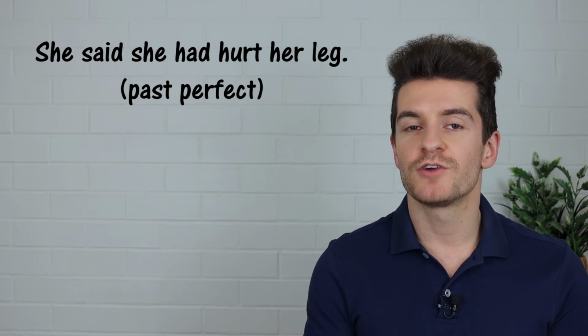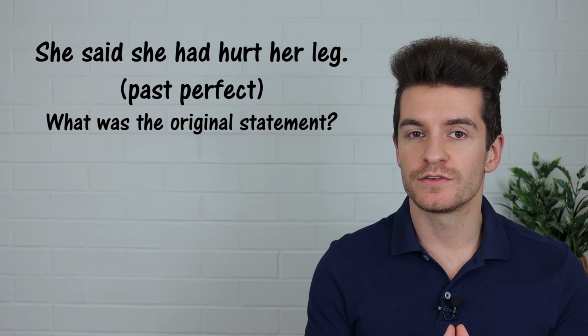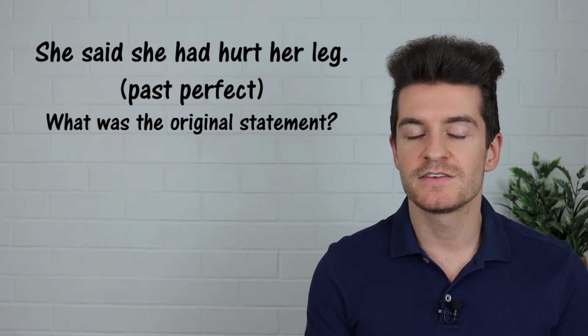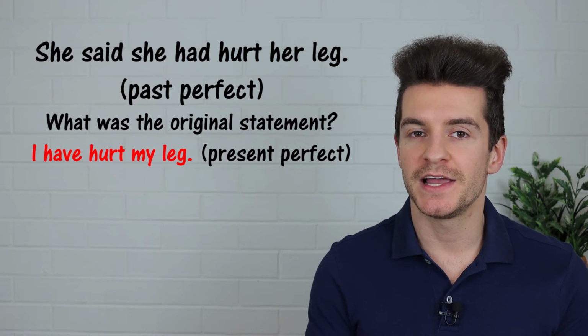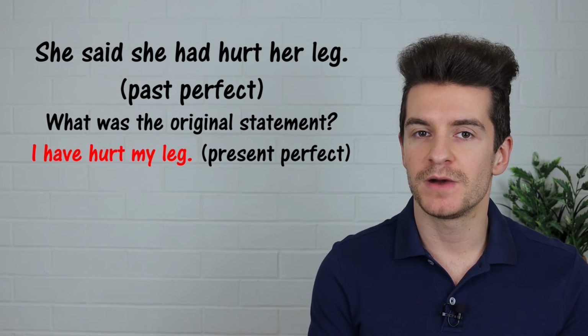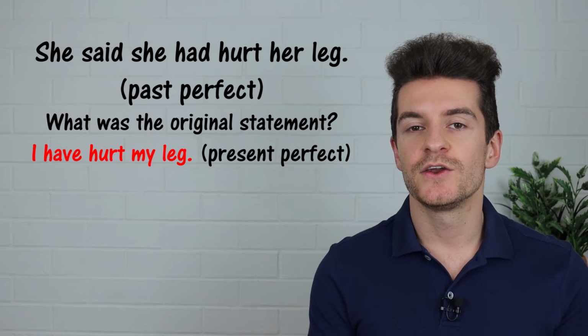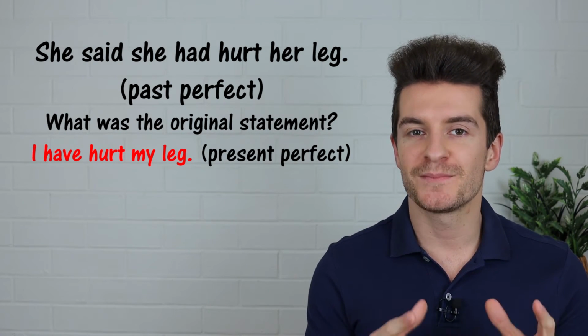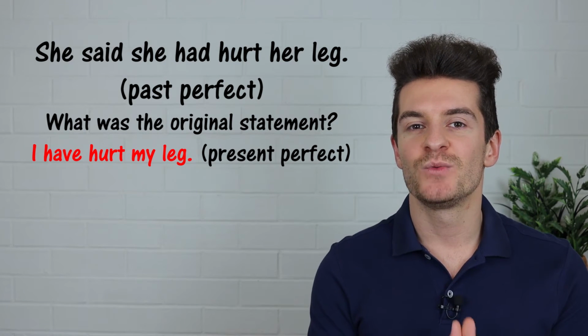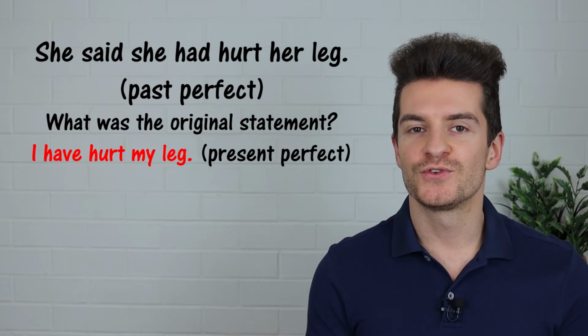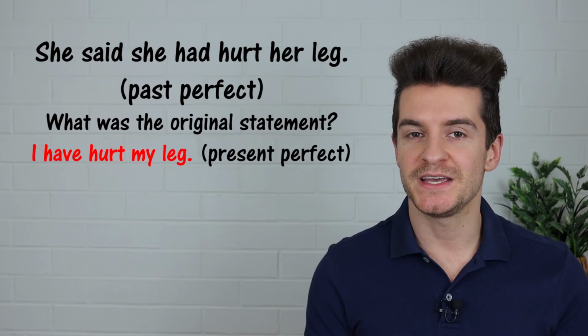So what do you think the original statement was? She probably said, "I have hurt my leg." So again, normally when we have a present perfect sentence, we use past perfect to talk about reported speech.